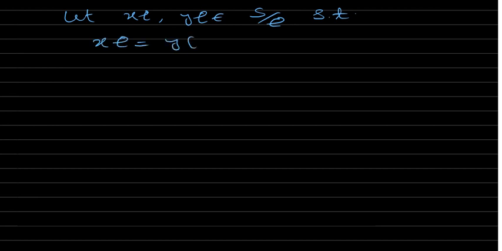So let x rho and y rho be two elements of S over rho such that x rho is equal to y rho, and this is true if and only if the image of x under phi is the same as the image of y under phi.